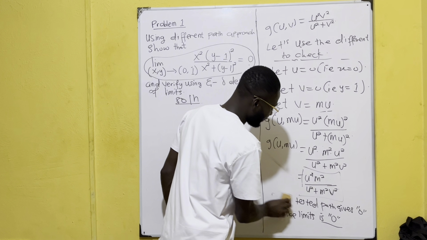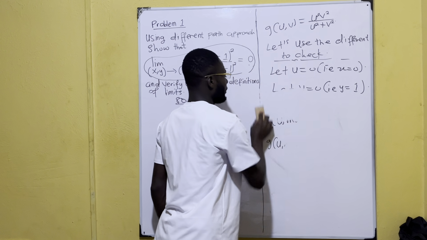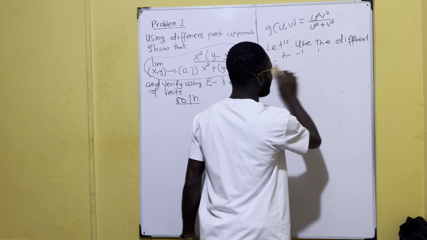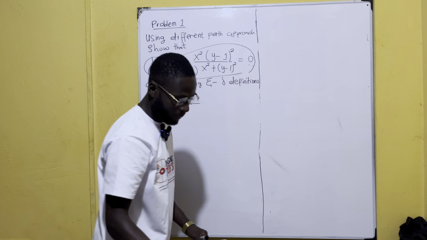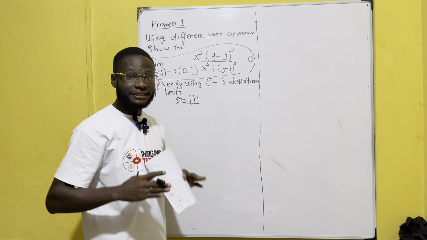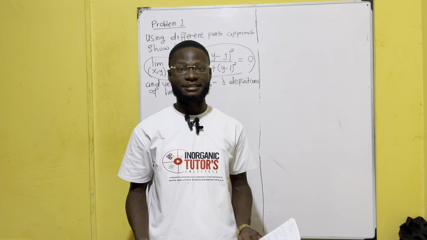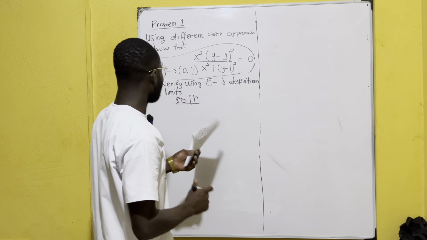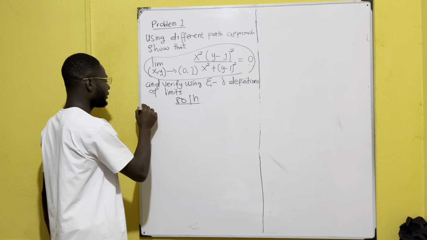Let me take off this as well. Okay, so we are going to use the identity approach. Let me rewrite the problem, the function again.